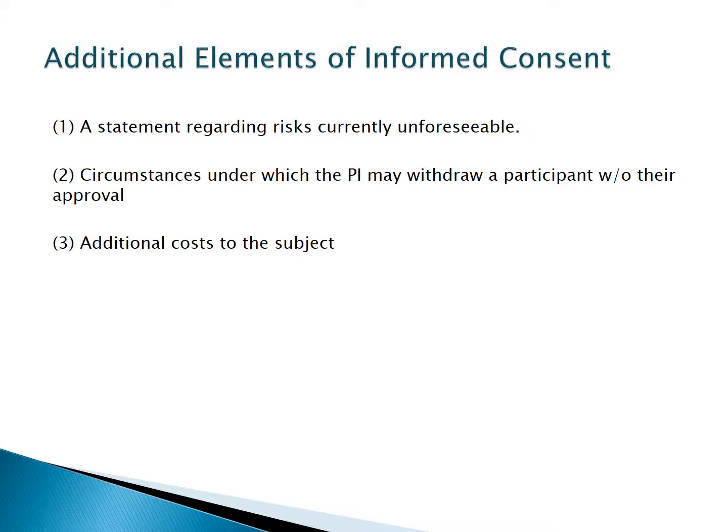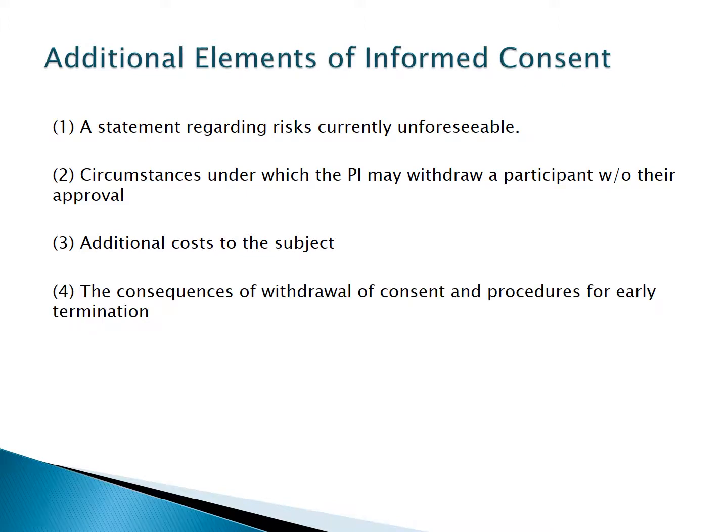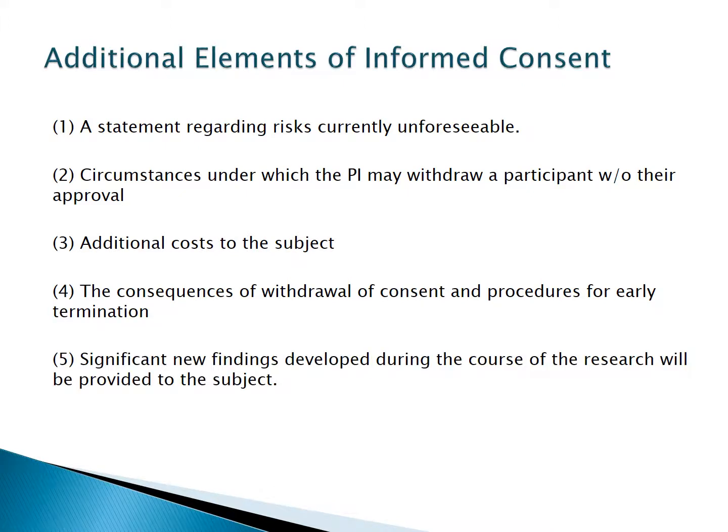If there are any additional costs to the subject, the consequences of withdrawal of consent and procedures for early termination, and this is oftentimes included under that number 8 from those essential elements, and significant new findings developed during the course of the research will be provided to the subject. So when things change, especially with risks, the participants will be made aware of that.